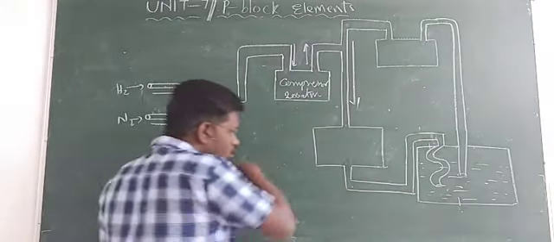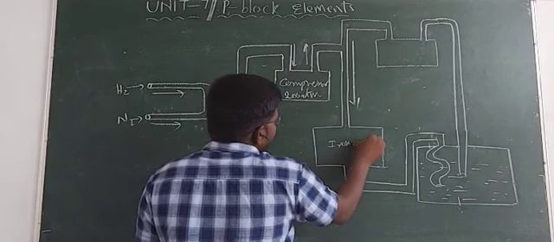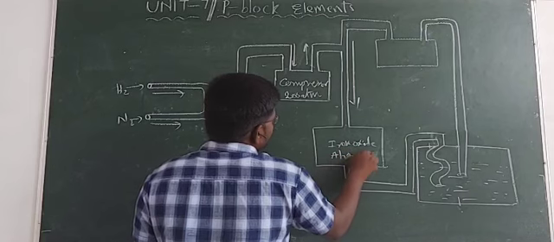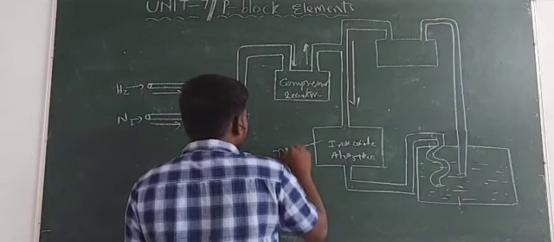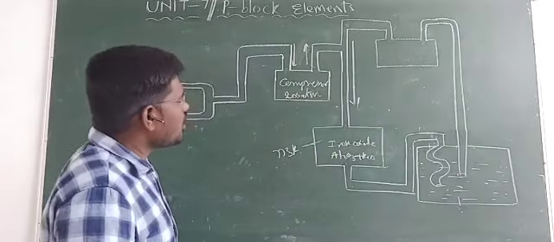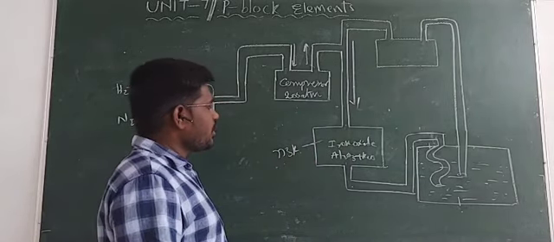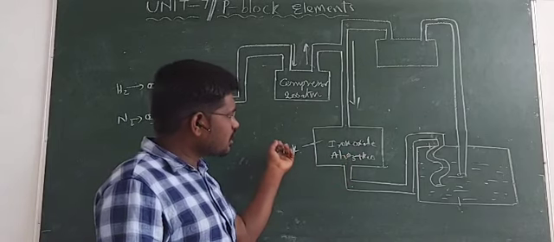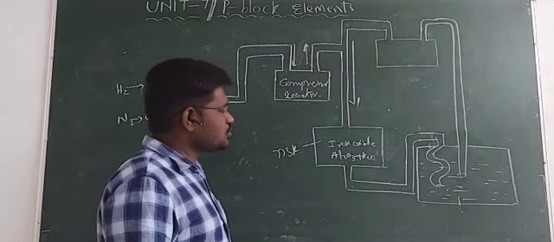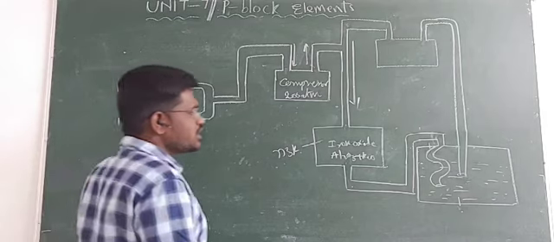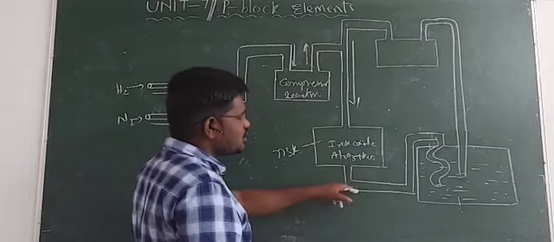In this chamber we have the catalyst, iron oxide, and Al2O3 plus K2O, and the temperature is maintained at 773 kelvins. After the compressed mixture of N2 and H2 enters this chamber, in the presence of the catalyst, nitrogen and hydrogen molecules react together and give us NH3 molecules. Finally from this we get a mixture of three components.